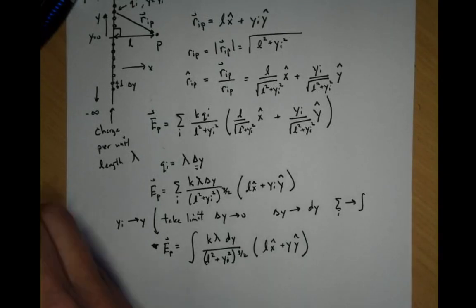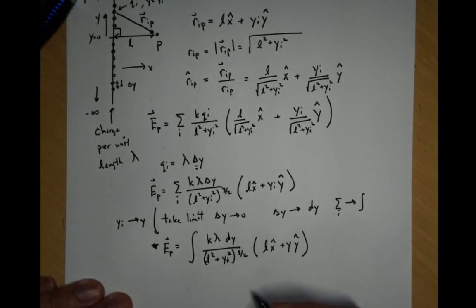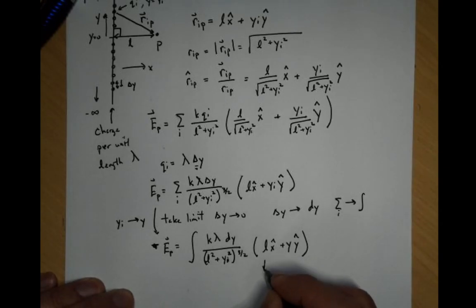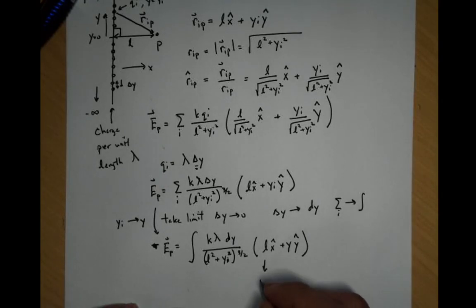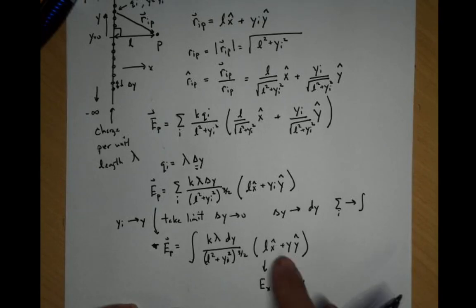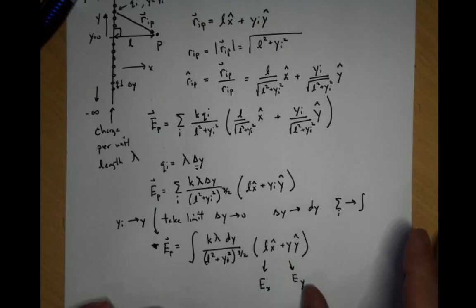Okay, so now we're done. We can read this as two things: this thing times x hat gives me the component of the electric field along the x-axis, so I could think of this as basically Ex. And the y hat component will give me the electric field along the y-axis.